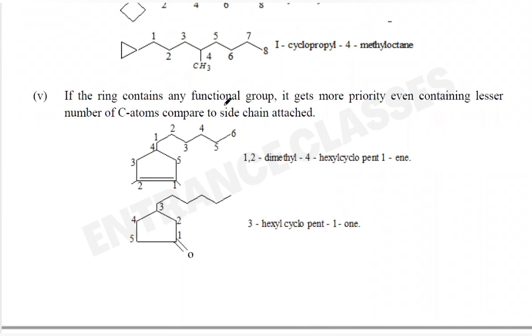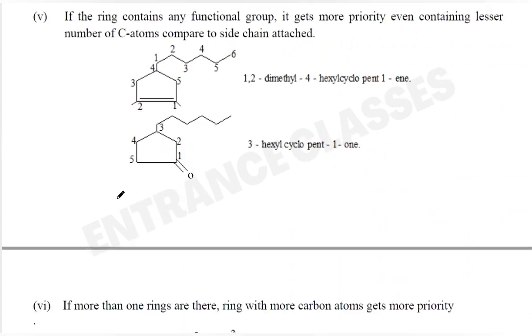Now, if the ring contains any functional group, it gets more priority even containing lesser number of carbon atoms than the side ring. It has a functional group, 5 carbon, here 6 carbon. Still, it gets more priority. 1, 2, 3, 4, 5, and 4 is linked with this. So this is 1,2-dimethyl, 4-hexyl, cyclopent-1-ene, right?